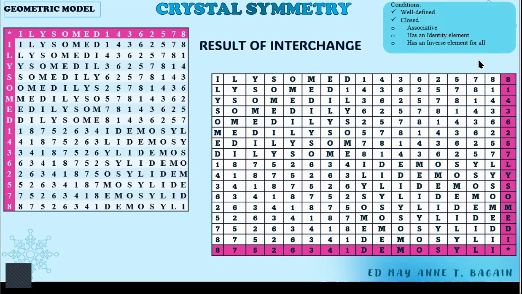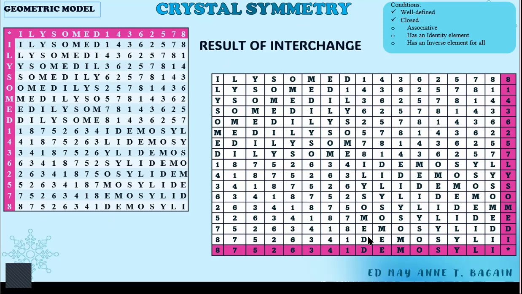We have ILYSOMED, and it is the same as the original table, right? The same, and then ILYSOMED 8, 7, 5, 2, 6, 4, 1, 3, 6, 2, 5, 7, and 8.